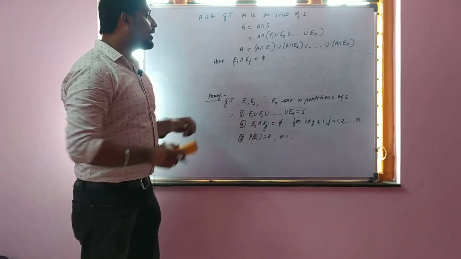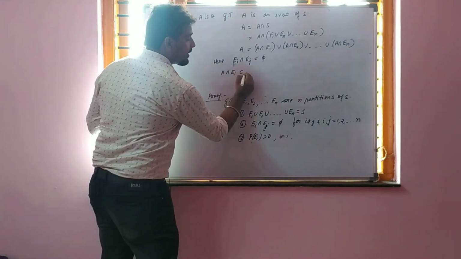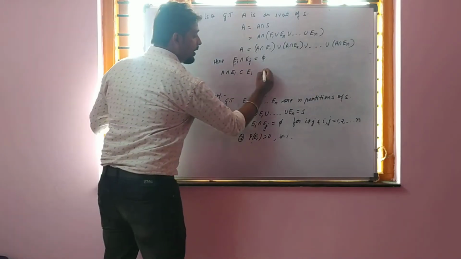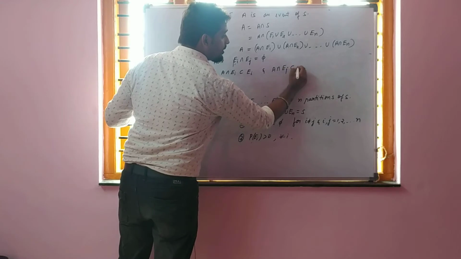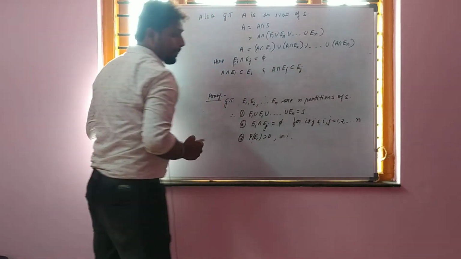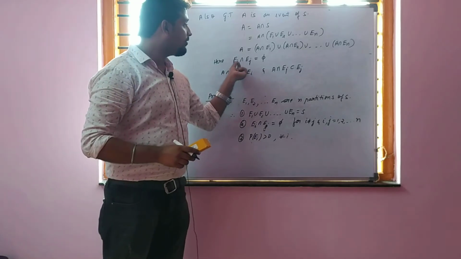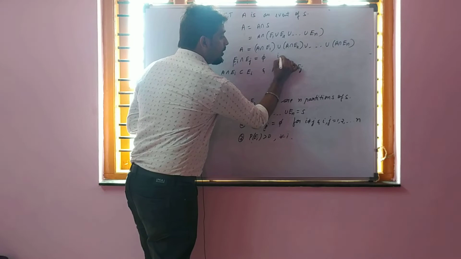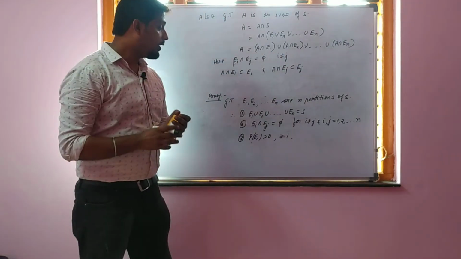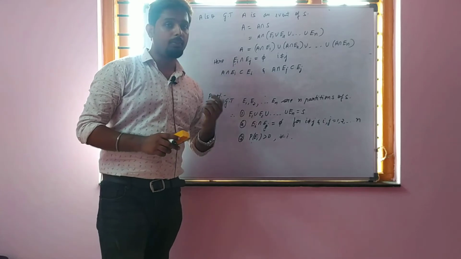Now what is A intersection EI? A intersection EI is a subset of EI, and A intersection EJ is a subset of EJ. Definitely, if I consider I to be 1 and J to be 2, because I is not equal to J here, the intersection of E1 and E2 will be empty, right?